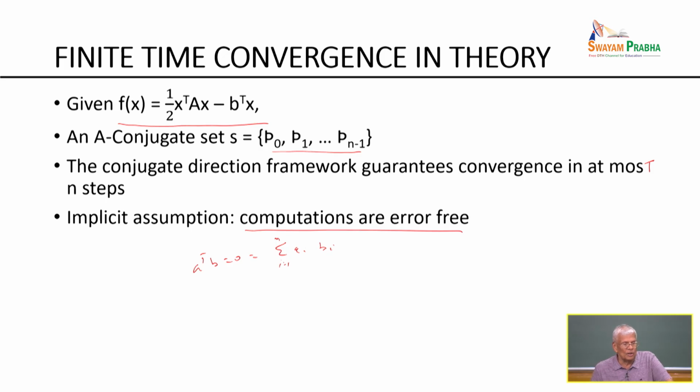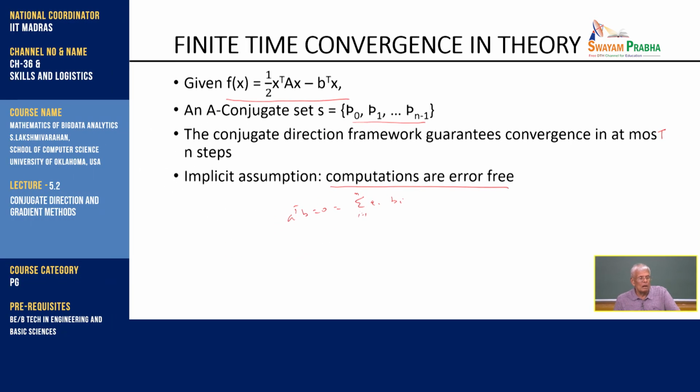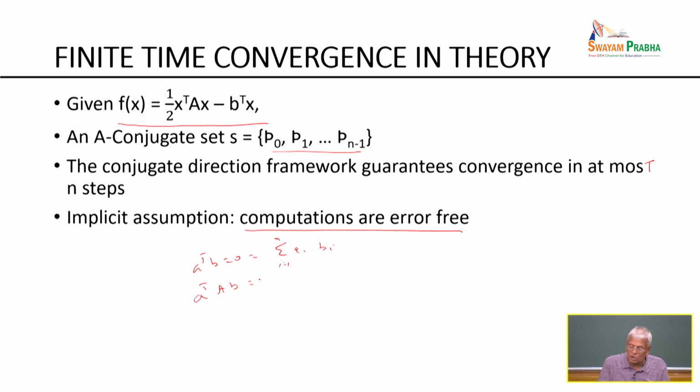You will not get 0 in finite precision arithmetic, because multiplication of a i b i cannot be done perfectly, addition cannot be done perfectly. So, the mathematical concept of pure orthogonality can be realized only approximately in computers. Likewise, the mathematical concept of a and b being A conjugate, being 0 when a is not equal to b, also can be checked only approximately.